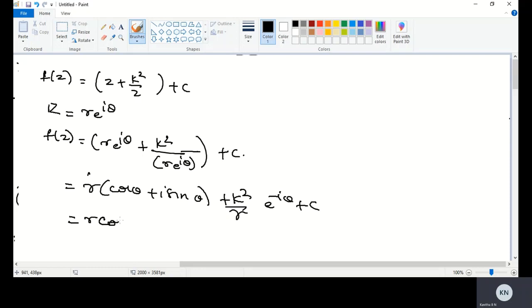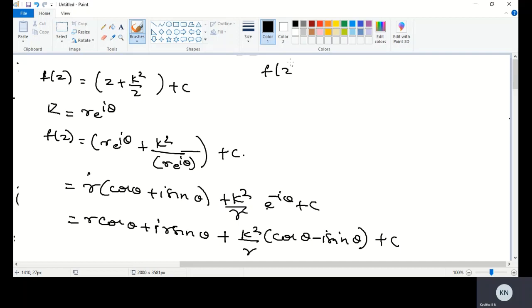Here r cos θ plus i r sin θ, then plus k square by r times e to the power of minus iθ, which is cos θ minus i sin θ, plus c. So f of z is equal to, collecting its real part on one side, r plus k square by r into cos θ. Here c is also a constant term.